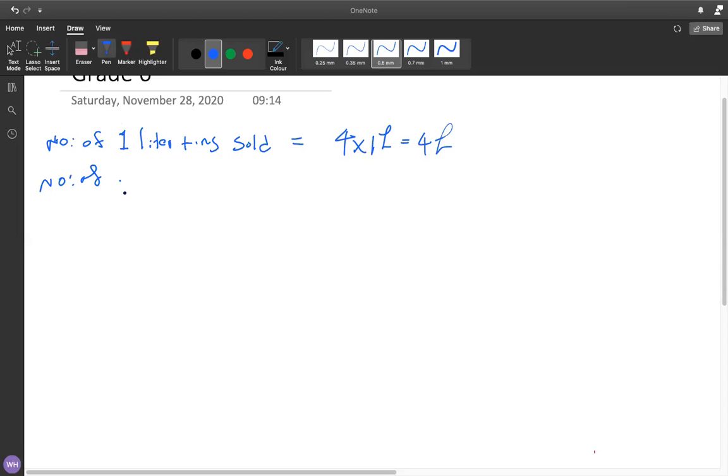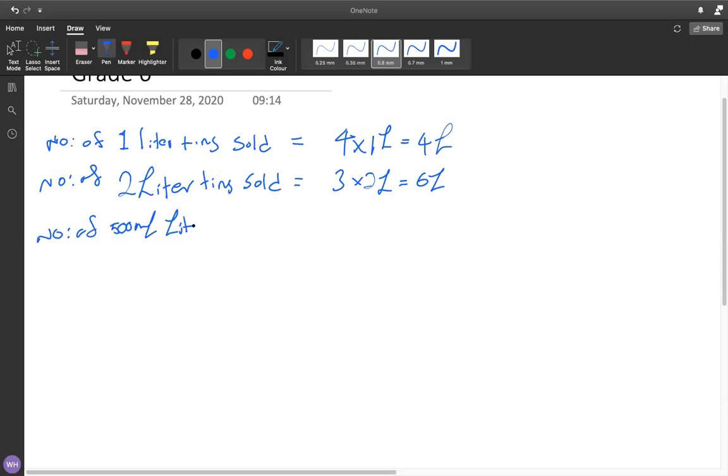Number of 2 liter tins sold. Yes, it is 3 into 2 liters. So altogether, how many liters? 6 liters, right? And 7 tins of 500 milliliters. Altogether 10 liters and 3,500 milliliters.